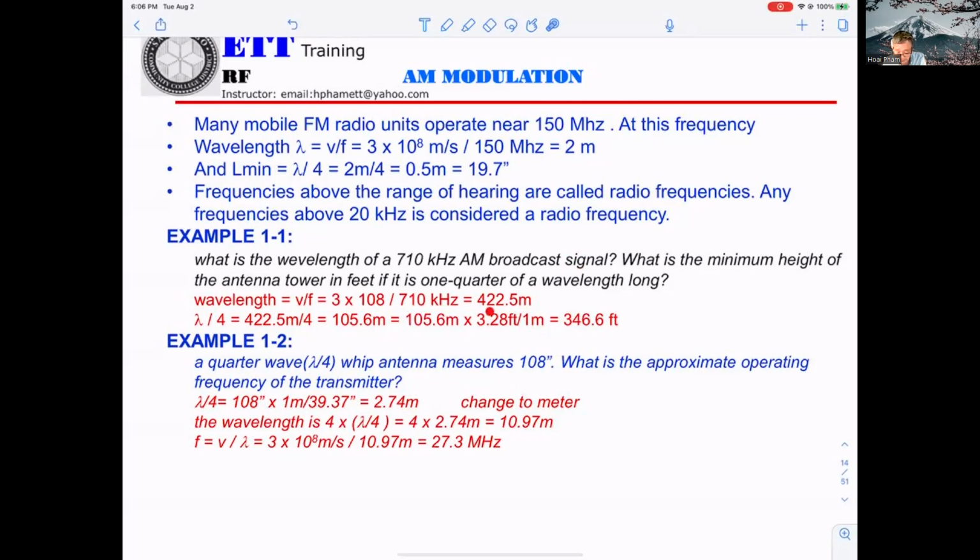You get 422.5 meters. What is the minimum height of the antenna tower in feet if it is 1/4 of the wavelength long? Basically you take that wavelength divided by 4, and your antenna will be 346.6 feet.